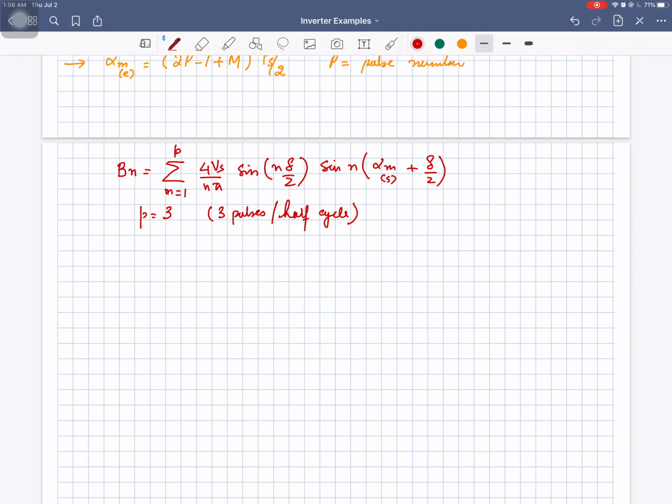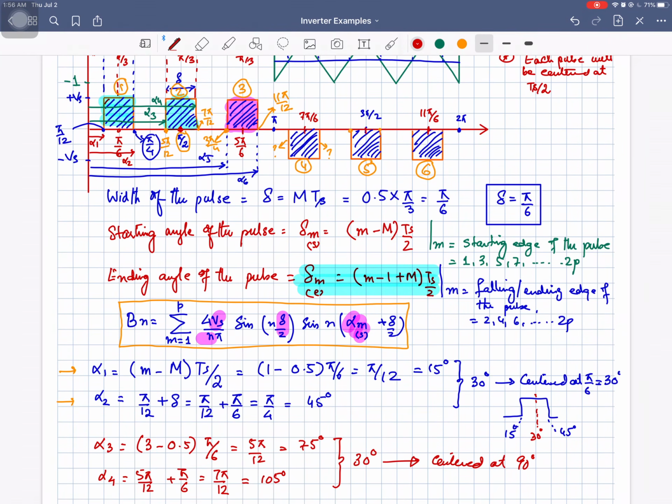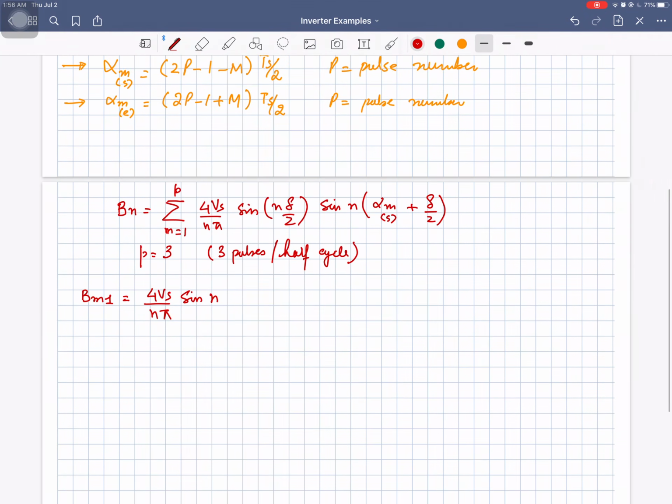Okay, now let's take m equal to 1. So we are going to calculate Bm1. That will be equal to 4 Vs by n pi into sine n del by 2. Okay, what is del? Del is the width of the pulse. So the width of the pulse is pi by 6. Dividing it by 2, we will get sine n pi by 12.